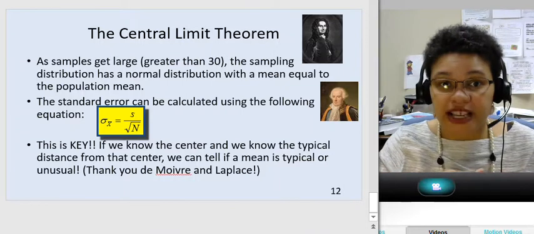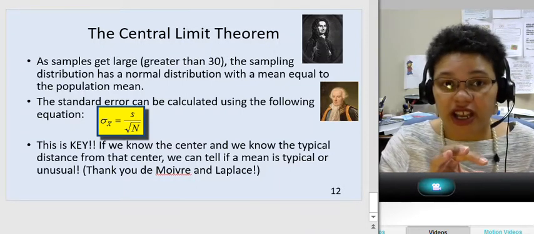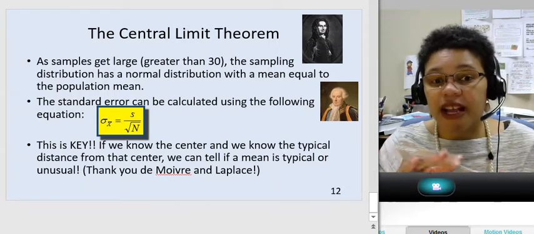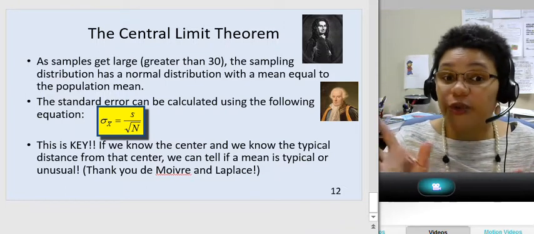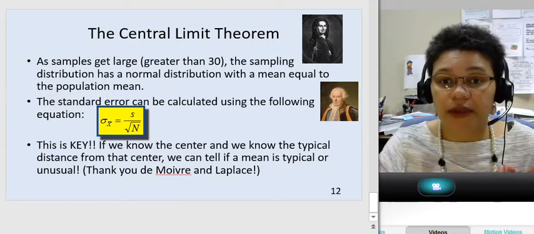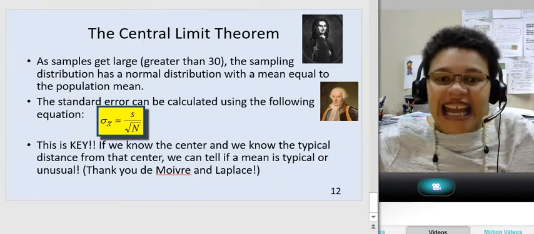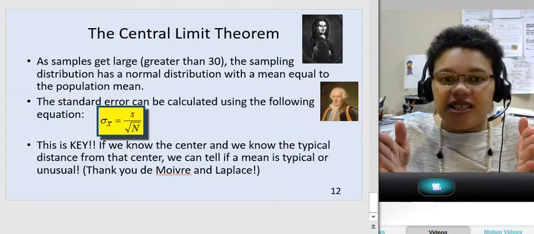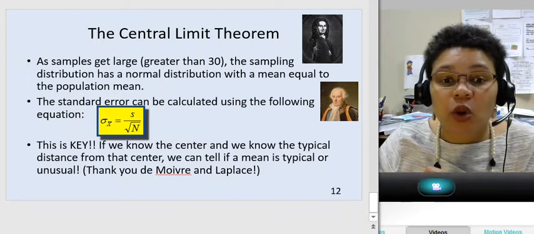The standard error equals the standard deviation of our sample divided by the square root of the number of data points in our sample. This is key. If we know the center and we know the typical distance from that center, we can tell if a mean is typical or unusual.